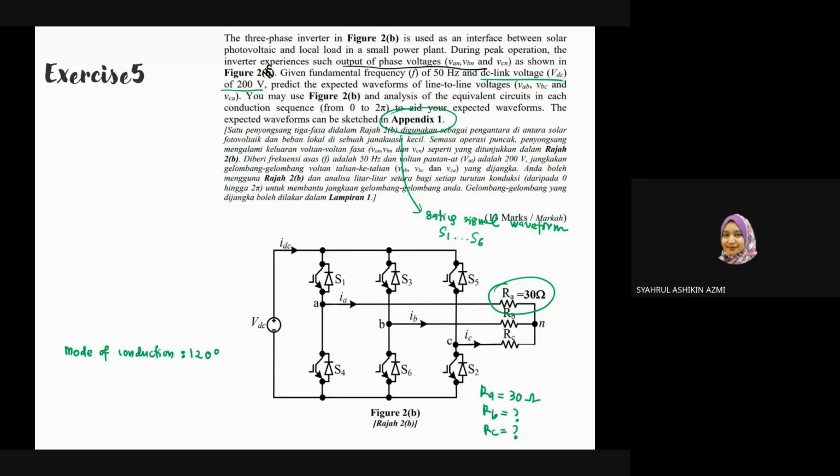The DC link voltage given is 200 volt, so VDC equals 200 volt. And the frequency is 50 hertz.